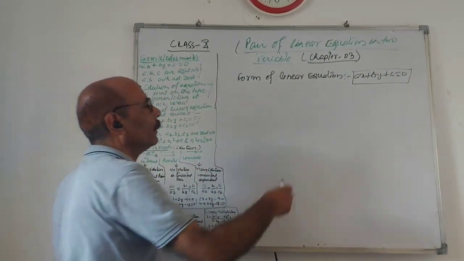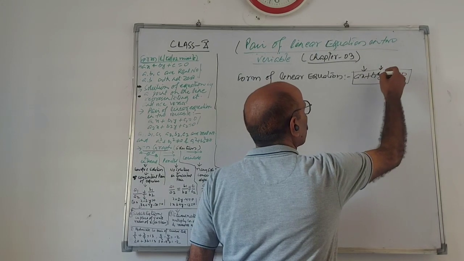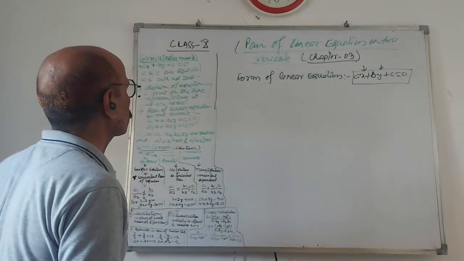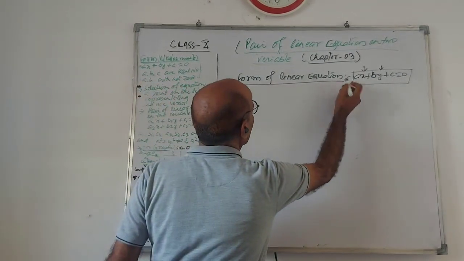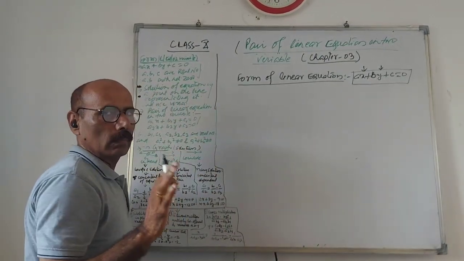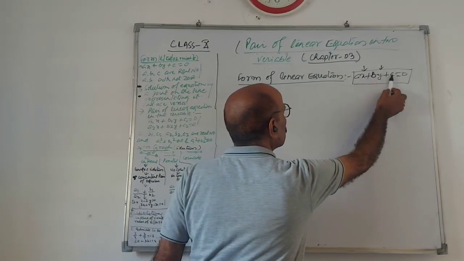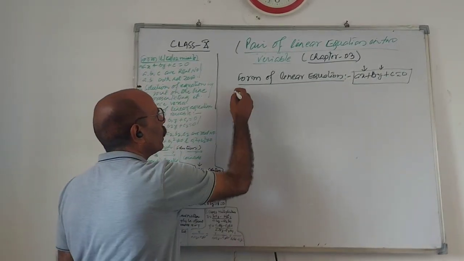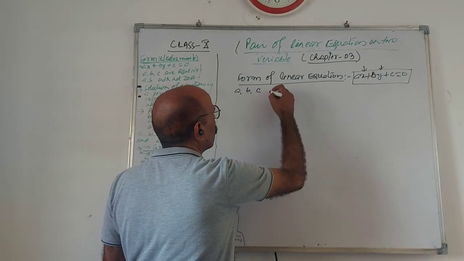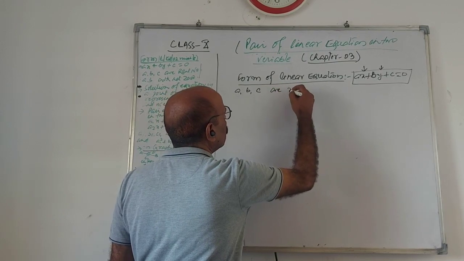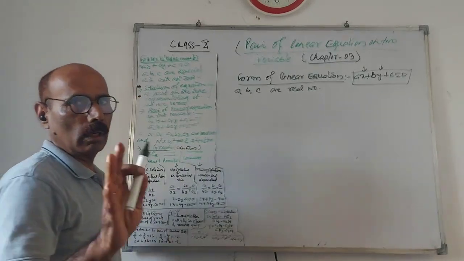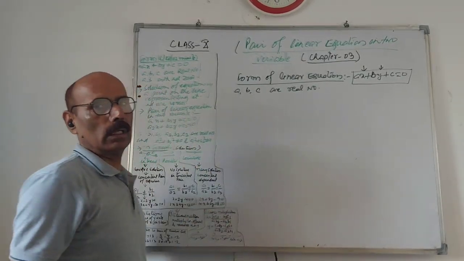Here, see, the variables x and y, two variables are there, and a, b, c are constants. Listen to it properly: a, b, c are all real numbers. Real numbers, you know, all the numbers which are used in calculation are real numbers.